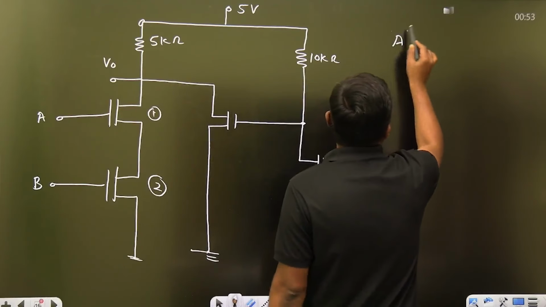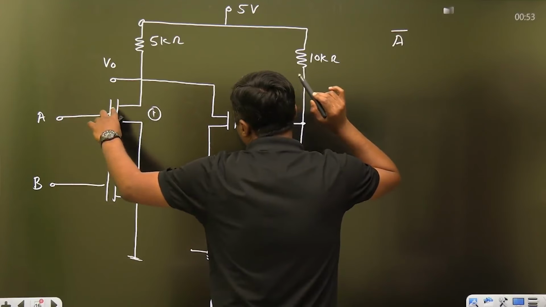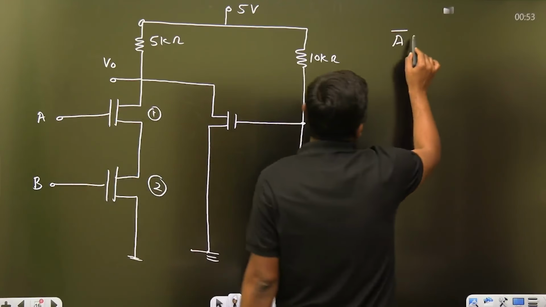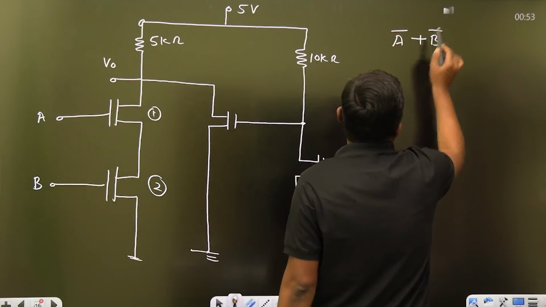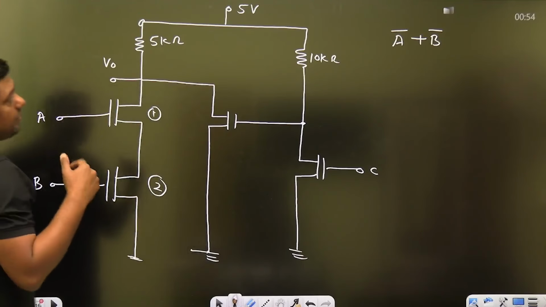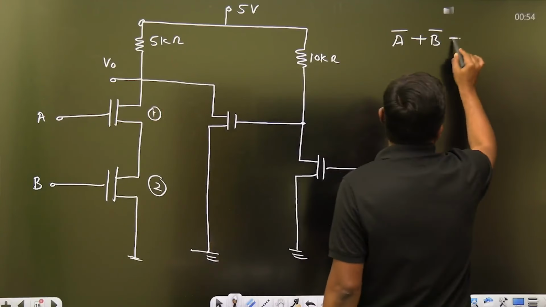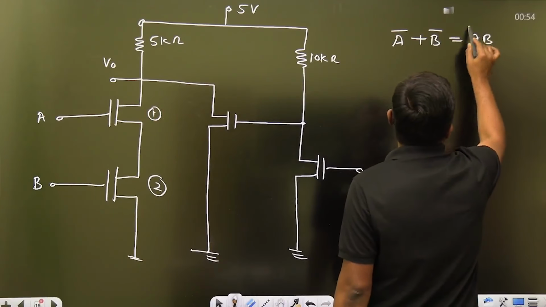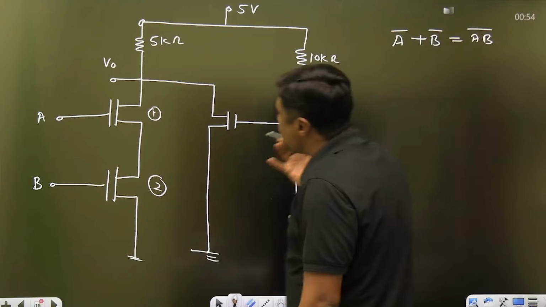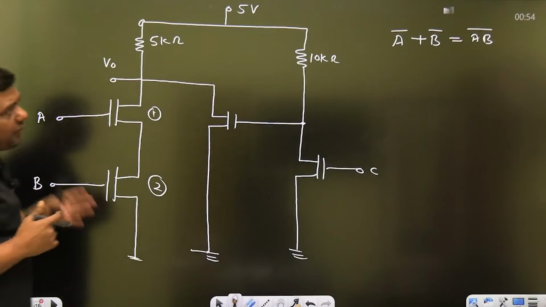A bar. If suppose I am giving the A bar, that will remain off, or this may be off. So it is an or option to B bar. Either A off or B off. A bar plus B bar, that is nothing but AB the whole bar. This is nothing but NAND gate, guys. Okay, NAND gate.